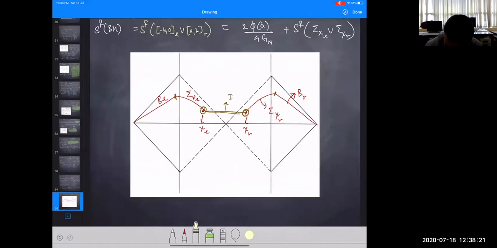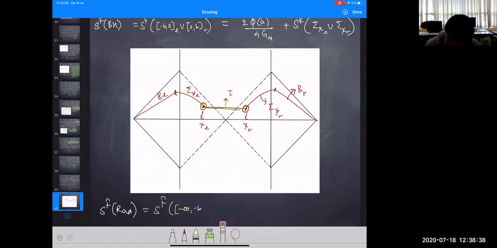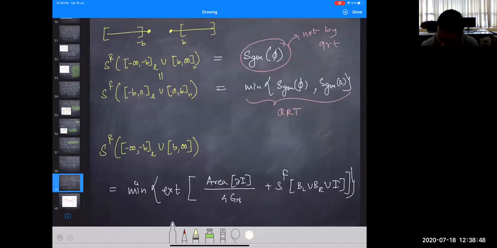Then what really remains: if I want to write down S fine-grained of the radiation, I want to understand it in the bulk, so that will be S fine-grain of minus infinity comma minus b on the left, union b comma infinity on the right. By this formula, this is supposed to be BL union BR union I, and the area of the boundaries of islands.